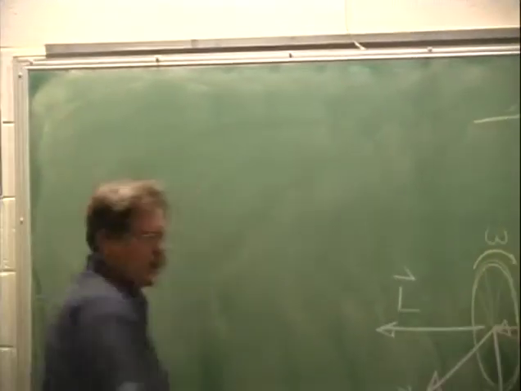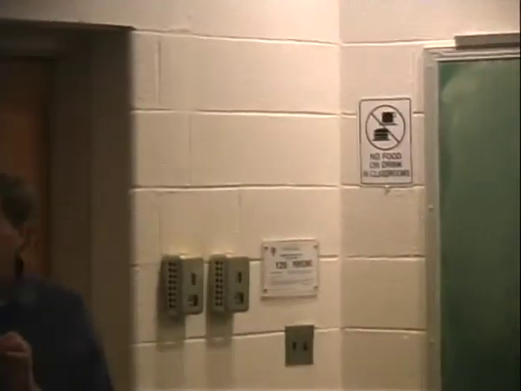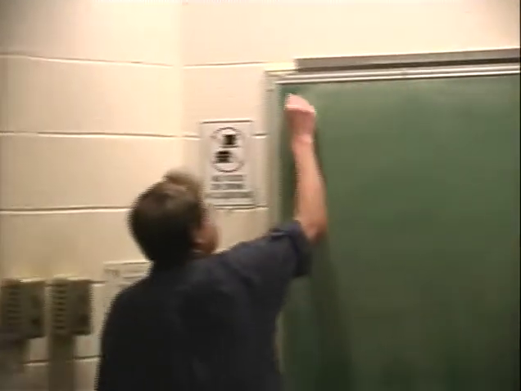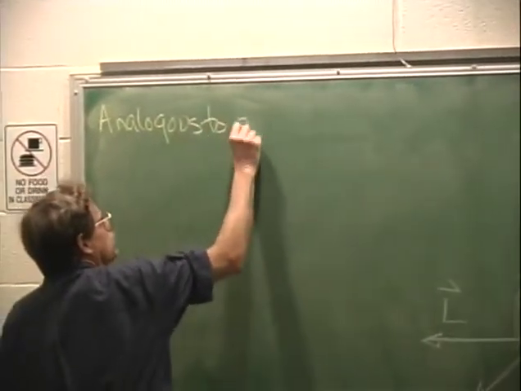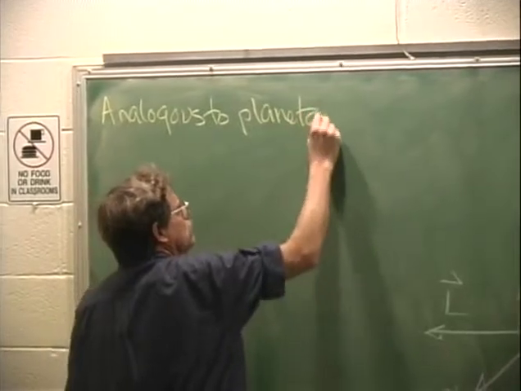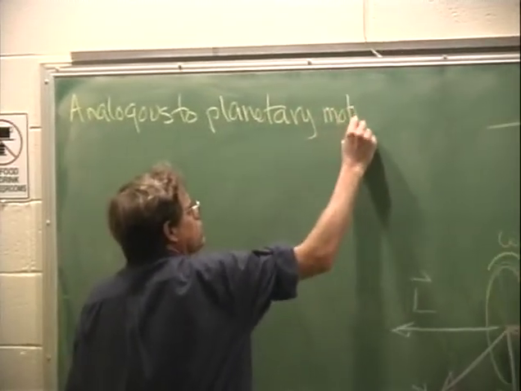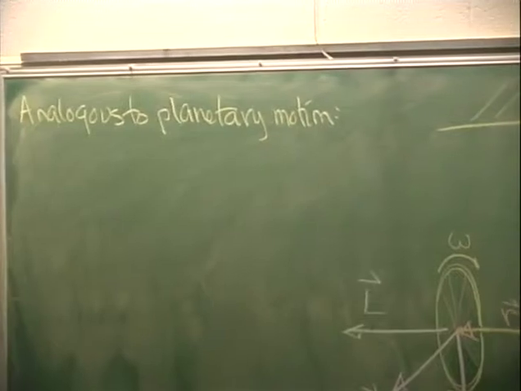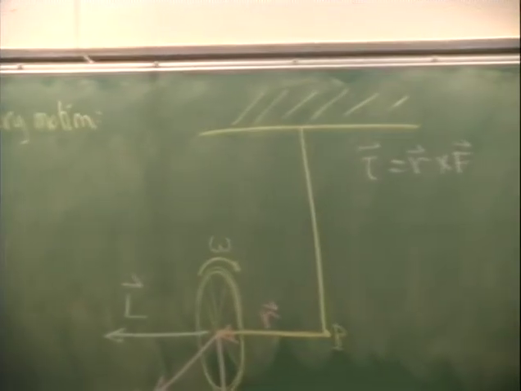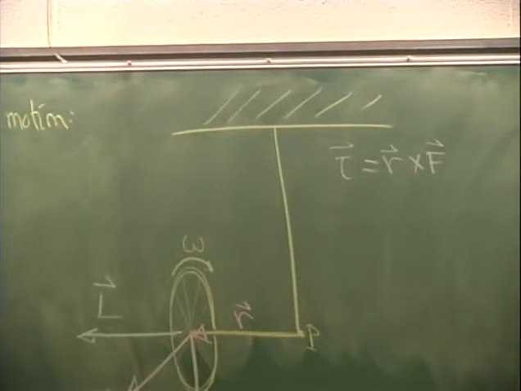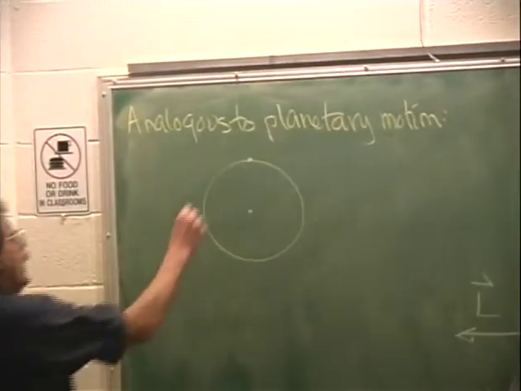Let me tell you an analogy. The gyroscope is actually very closely analogous to planetary motion or circular motion in general. I could raise all the same paradoxical questions about planetary motion. Here's the sun, and here's the planet going around it. What's the direction of the force? In toward the center.